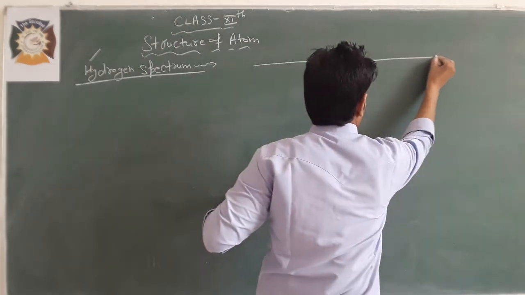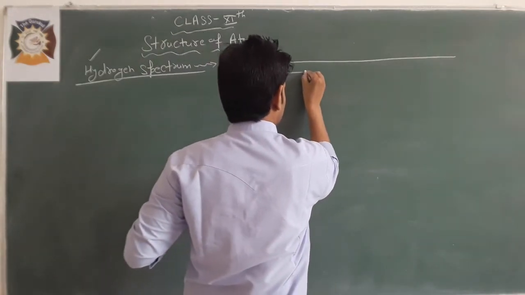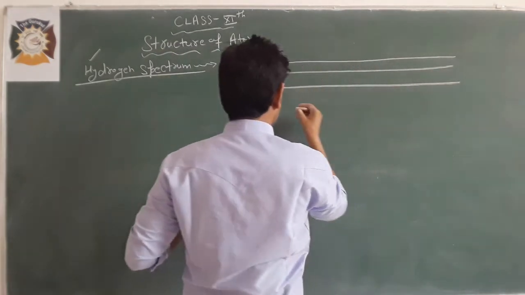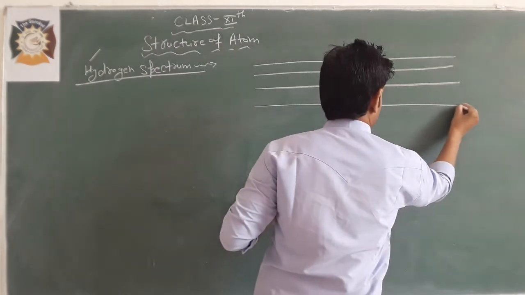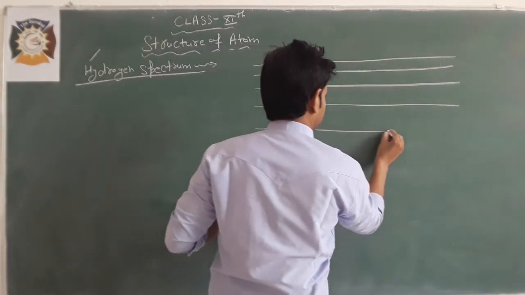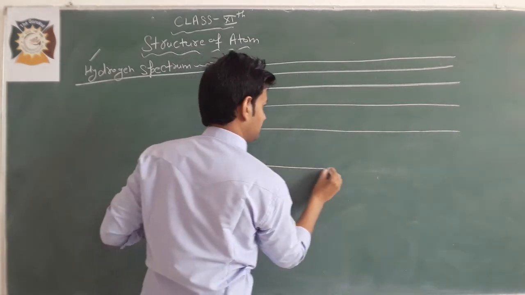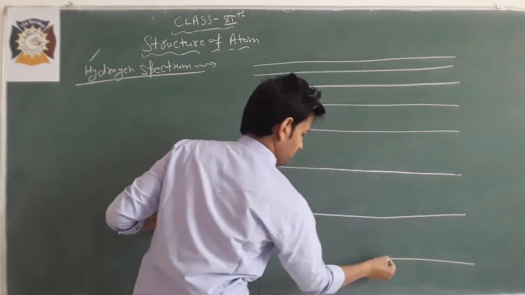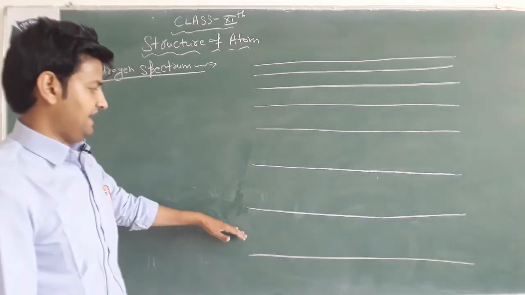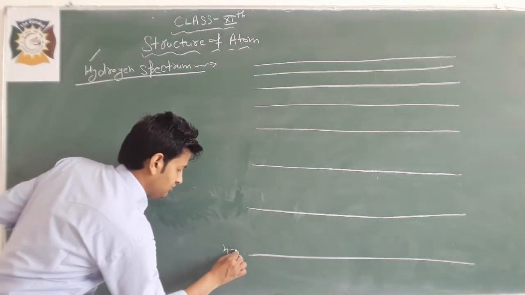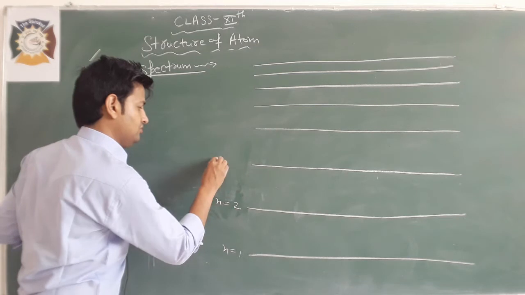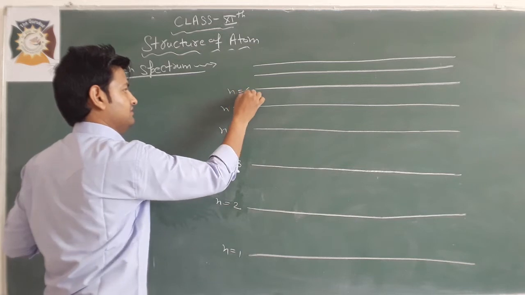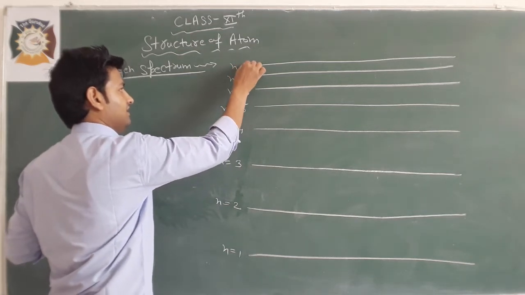These are our different energy levels. Here n is equal to 1, n is equal to 2, n is equal to 3, 4, 5, 6, 7 and 8.